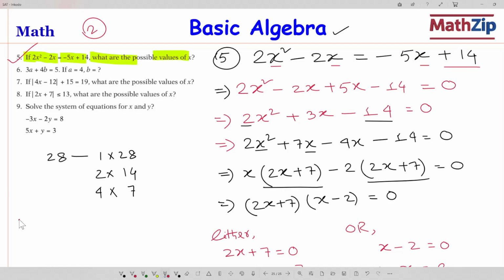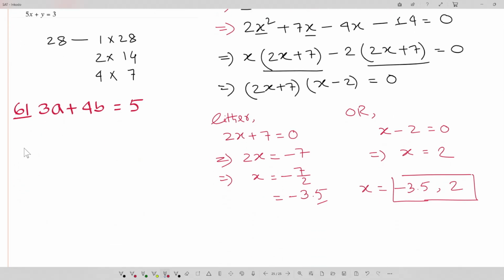Number 6. 3a + 4b = 5. If a = 4, then what is the value of b? So we can put the value a = 4, right?